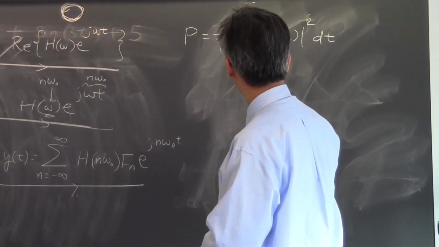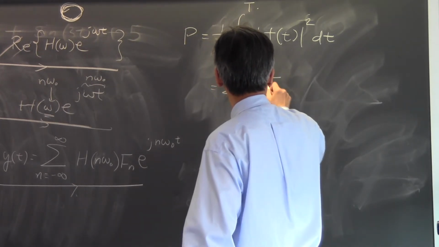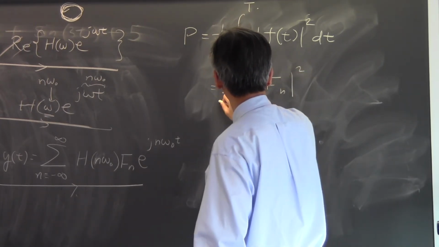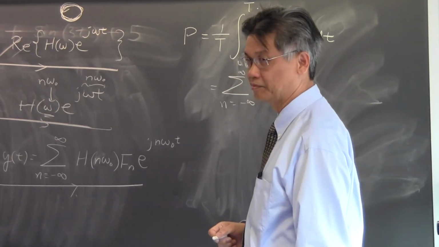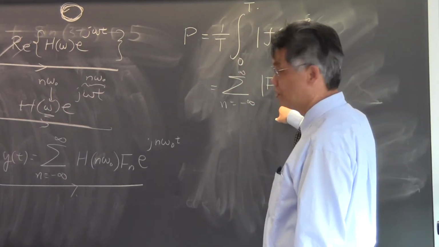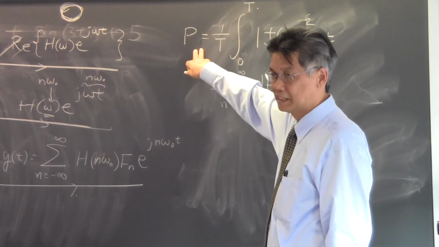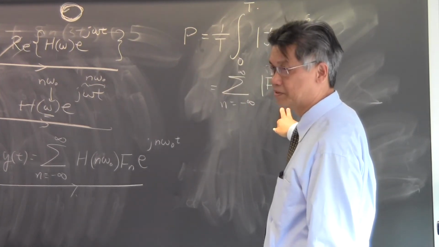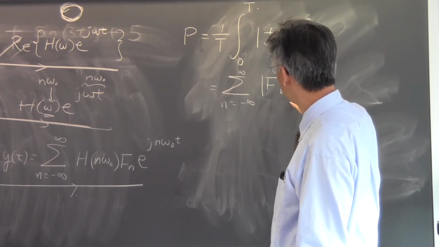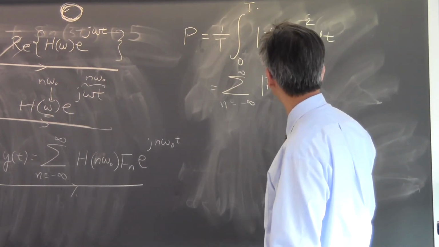I want to show that this is equal to the sum of f of n squared, n equals minus infinity to infinity. Which means that if you know the Fourier coefficients, to find the time average power in the circuit or the function, you just need to sum this over all of them squared. Either way is fine. Let's see if this can be proven.